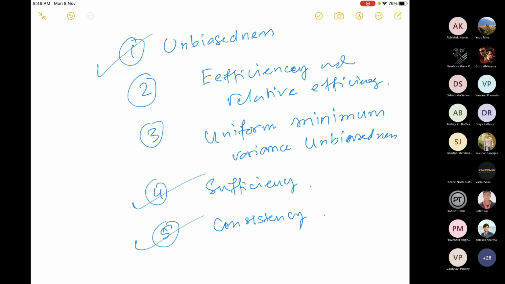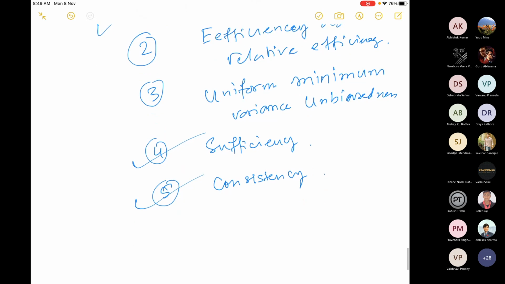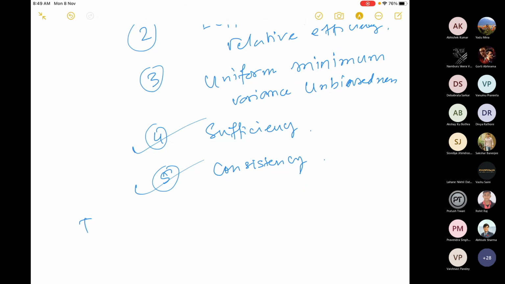I'm only talking about unbiasedness, sufficiency, and consistency of an estimator. And all these 3 were introduced by Fisher, the British statistician, Ronald Fisher.